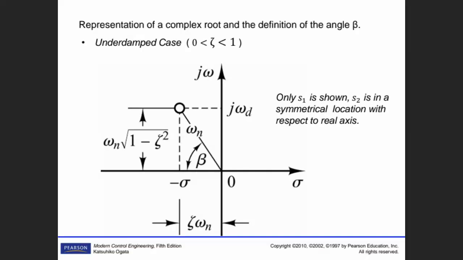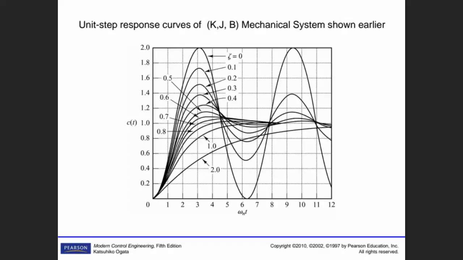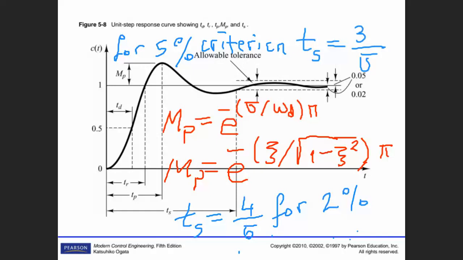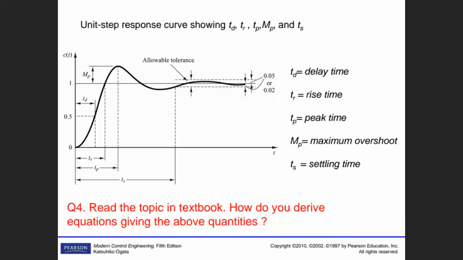That is the location of the pole. If it has real and imaginary parts, we know that it might have real parts as well. And this is the typical step response we have already derived, and we have already calculated the settling time, rise time, and everything. That is a continuation of it. Yeah, that's right. This is the problem we have solved.